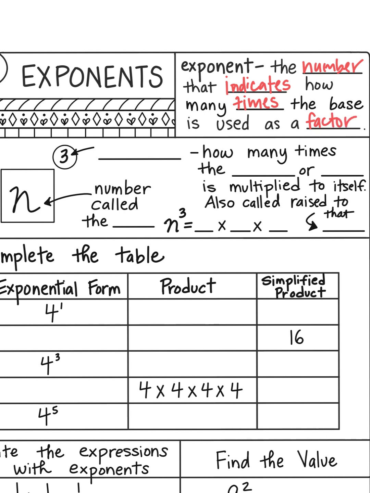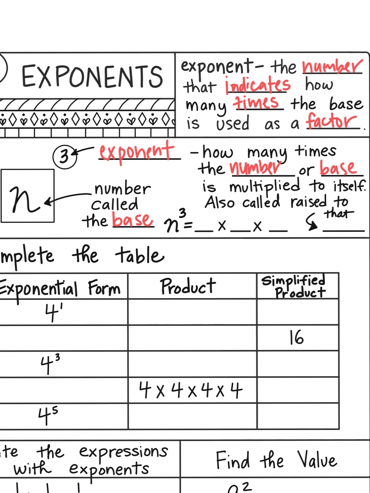Okay, so when I look at this example over here with the n and then the 3, the n is called the base. That's my base number. The little number is called my exponent. The exponent tells me how many times the base is multiplied by itself.